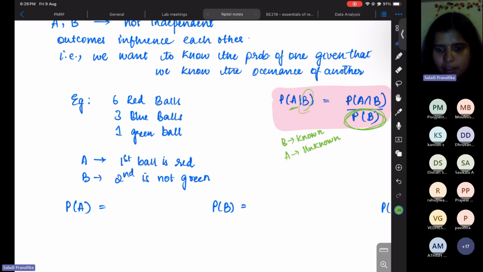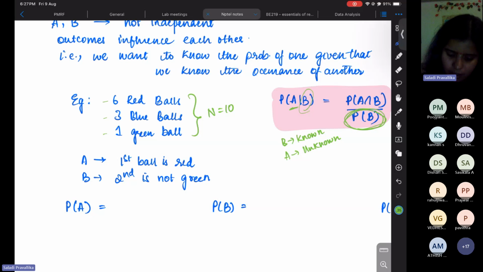P of A. A here is the first ball is red. Okay. So before we say what it is, we have to find the total number of balls. What are the total number of balls? 6 plus 3 is 9, 9 plus 1 is 10. So n is equal to 10, right?